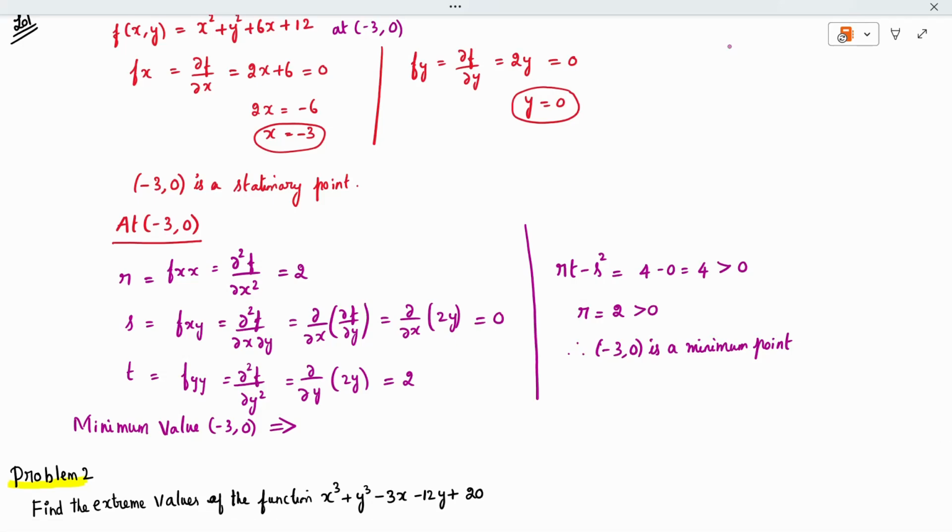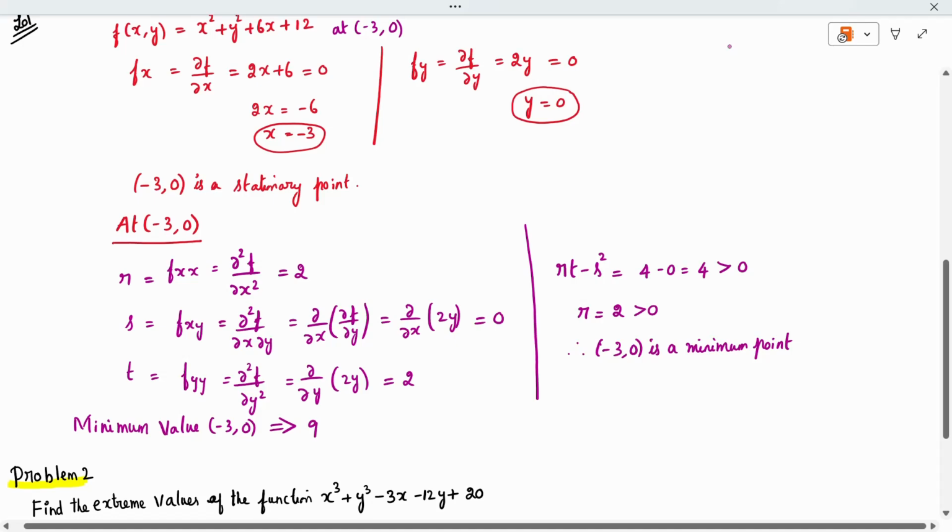Minus 3 the whole squared is 3 squared, 9. So 9 plus 0 minus 18 plus 12, 21 minus 18, so 3. The minimum value is 3.